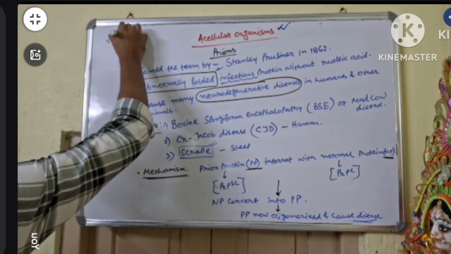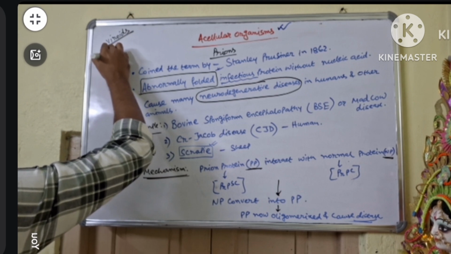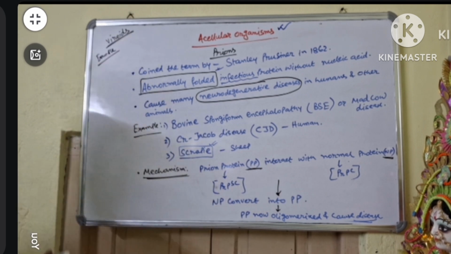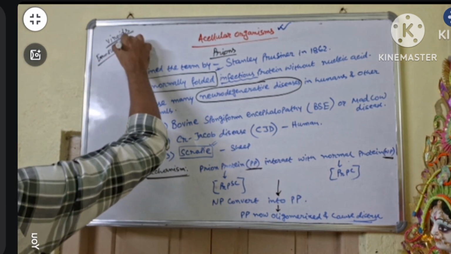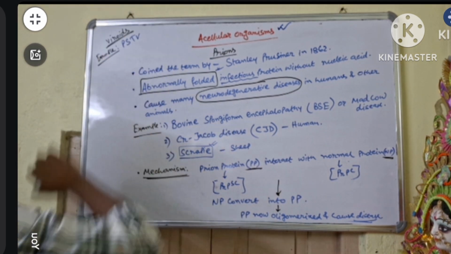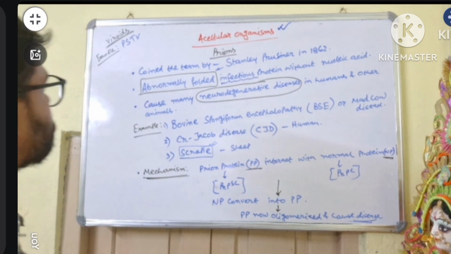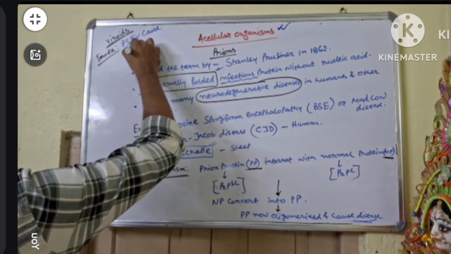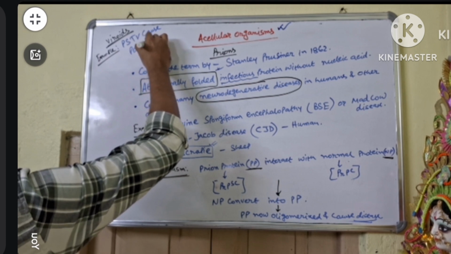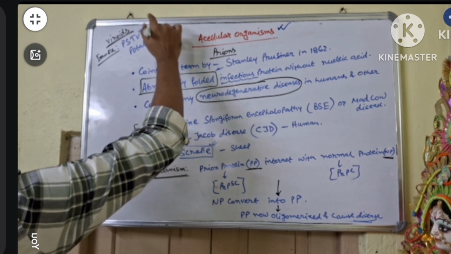Viroid-related disease example: Potato spindle tuber viroid, PSTV. Good example. Potato spindle tuber viroid causes potato spindle tuber disease. Write viroids, but V is for viroid, not virus.